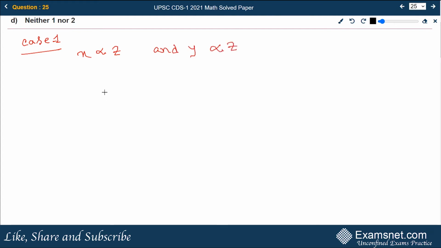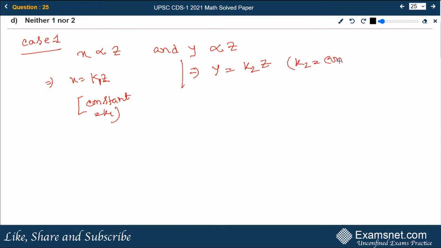Now we can further write x equals k1z, where k1 is the proportion constant here, and since y is directly proportional to z, y can be written as k2z, where k2 is the constant.